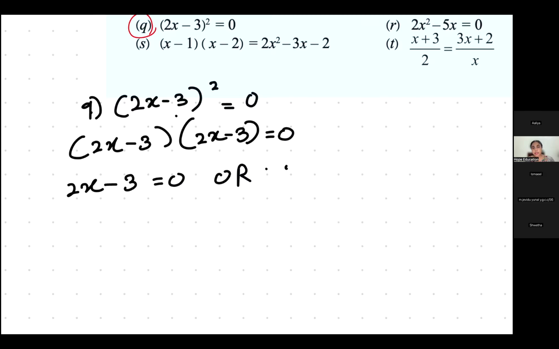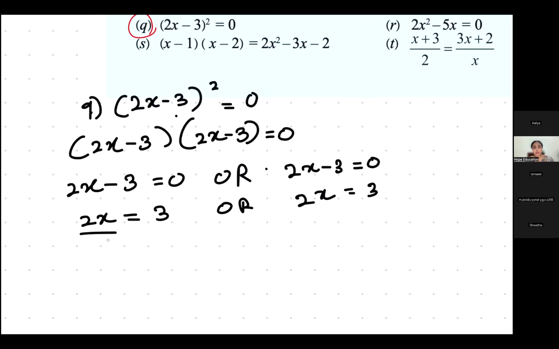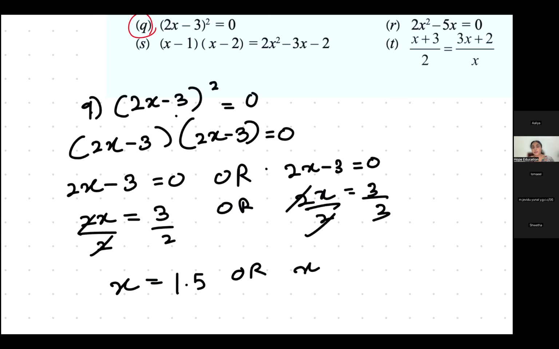At the end of the day, it's the same thing. So 2x equals minus 3 plus 3, or here also the same thing. Plus 3. Divide both sides by 2. The 2 cancels and x equals 3 divided by 2, which is 1.5, or x equals 3 divided by 2, 1.5.